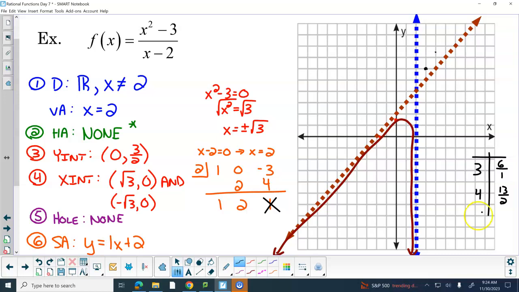Let's go 6. 33 over 4 is like 8.25. Oh, that should have been 6.5. Did my math wrong. I went 7.5. It should have been 6.5.